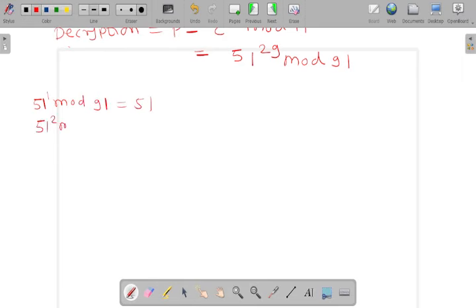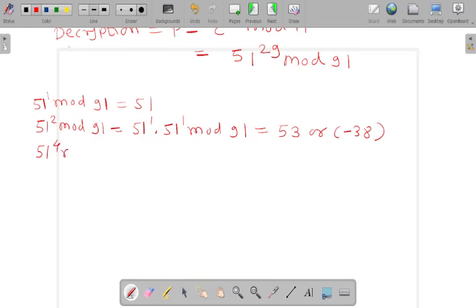Then 51 raised to 2 mod 91 is equal to 51 raised to 1 into 51 raised to 1 mod 91. And we got 51 into 51 mod 91. We will get the answer 53 or minus 30. You can calculate it by using a calculator.